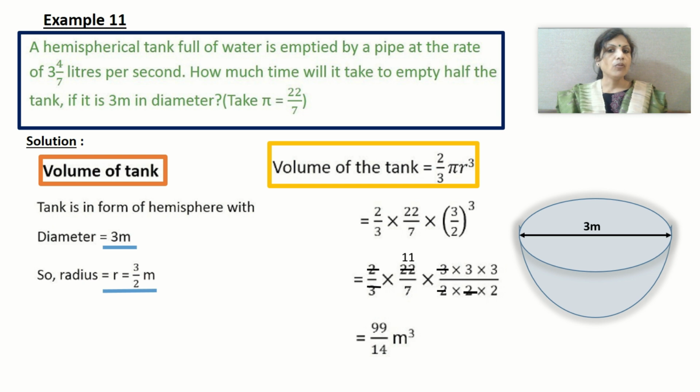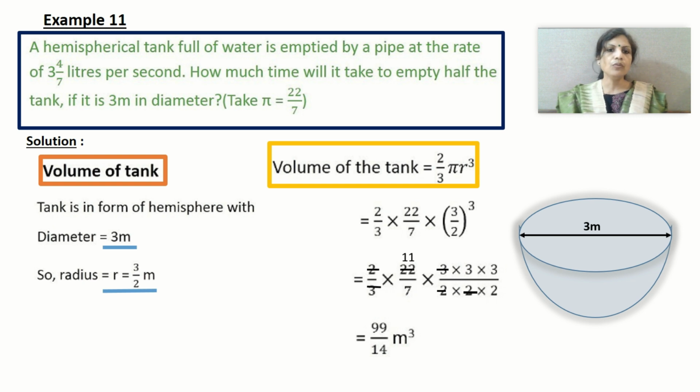Now understand one thing: it's given that the pipe is emptying this hemispherical tank at the rate of 3 4/7 liters per second. So we are given the water in liters, and we have calculated the volume of the tank in meter cube.